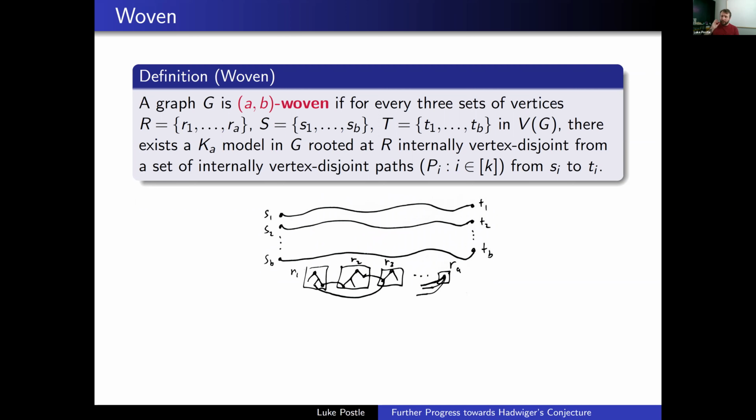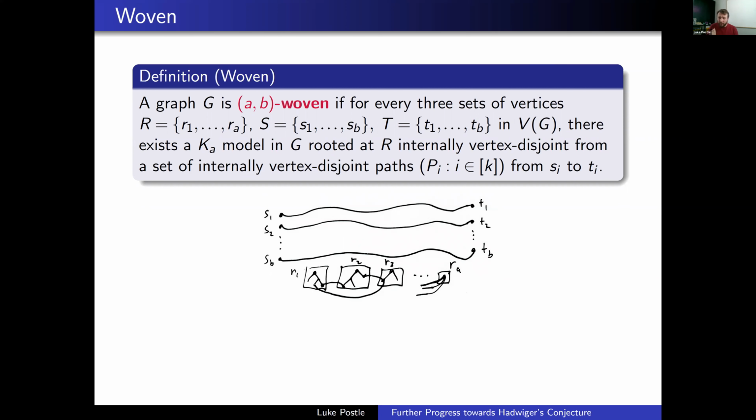So a complete minor, remember, but in this model form. So I can find a K_A model in G that's rooted at R. What I mean by rooted: each one of the R vertices appears in exactly one of the sets, so each one is going to contract down onto each of the R's. So I can really find a complete minor on R, and that's disjoint from this nice linkage. So it's AB-woven: A for the complete minor and B for the linkage.